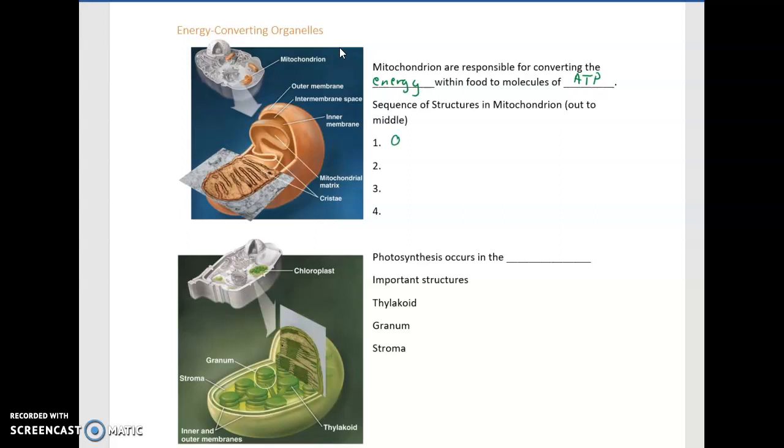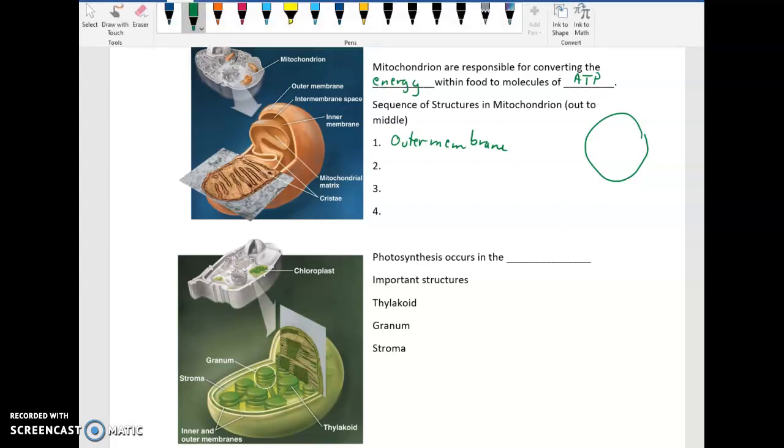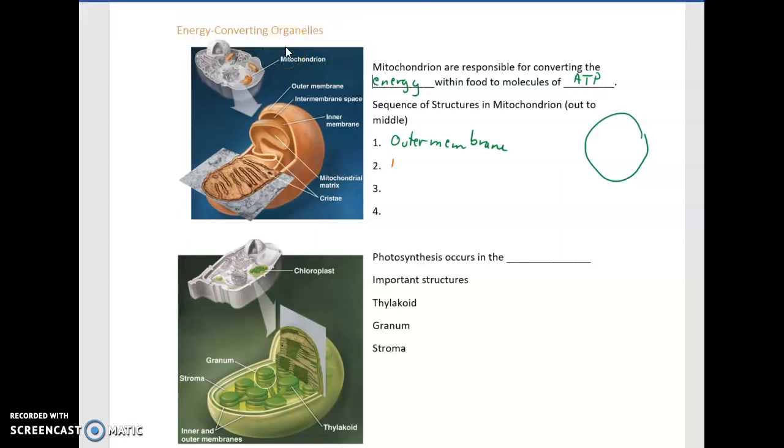One is the outer membrane. So we've got an outer membrane. We have an intermembrane space.